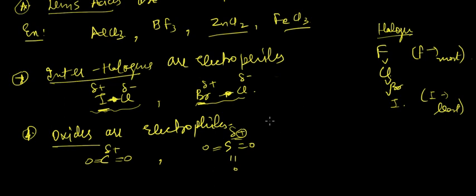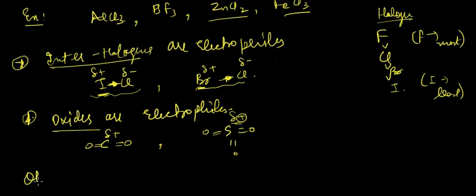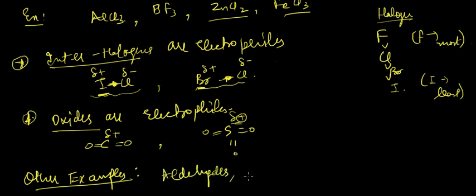Other examples are aldehydes and ketones, which are electrophiles. Why? Because the carbon atom nearer to the double bonded oxygen atom is partially positively charged, hence they are electrophiles.